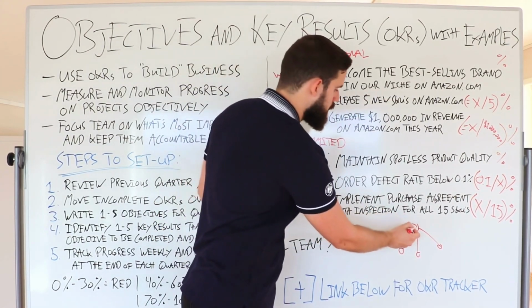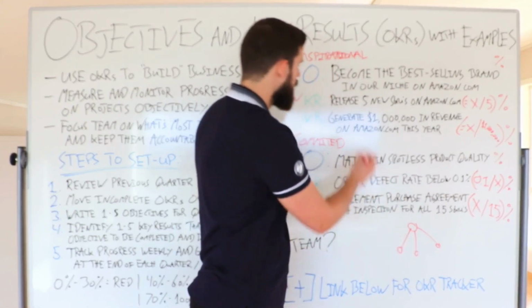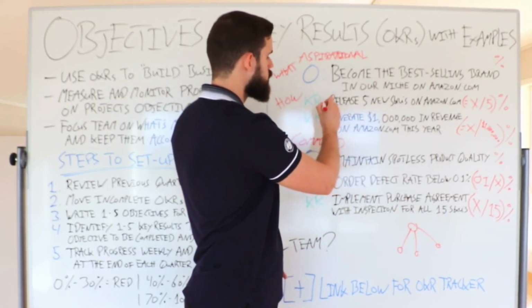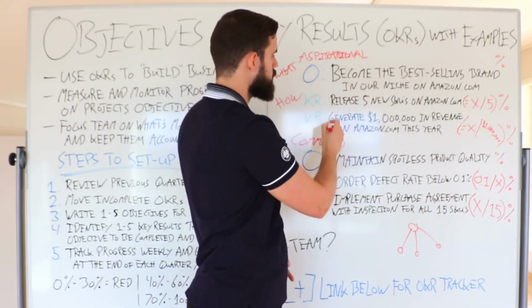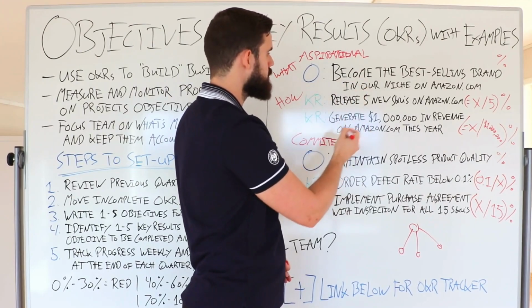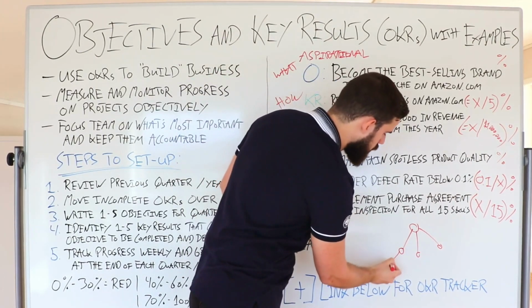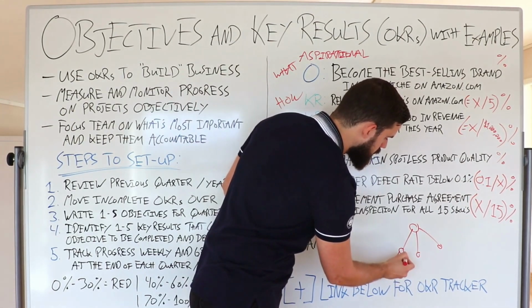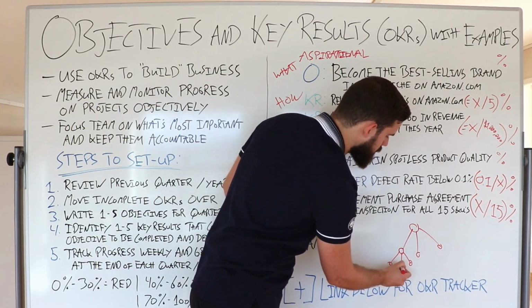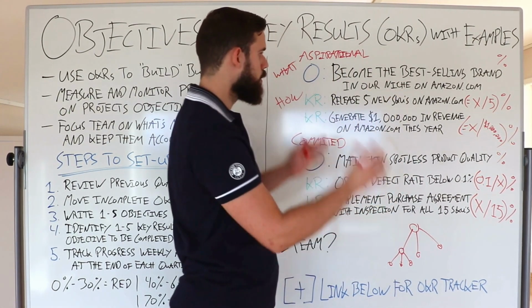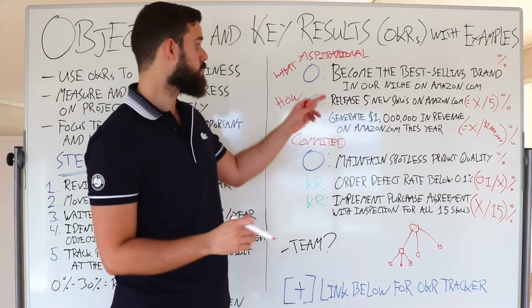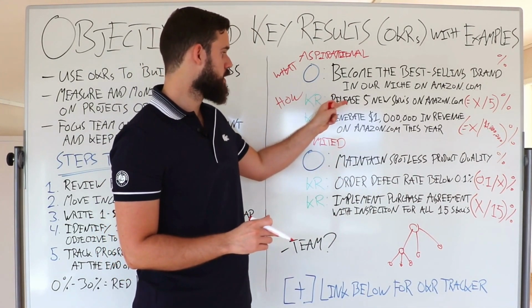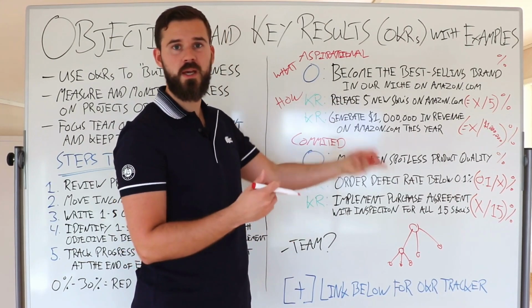So then he would take ownership of that one, and then based on this KR, this would become like an objective for him and his team, and then he could create more key results that need to happen to make that big key result for the company accomplished, because there's going to be activities and things beneath this one to actually make it happen.